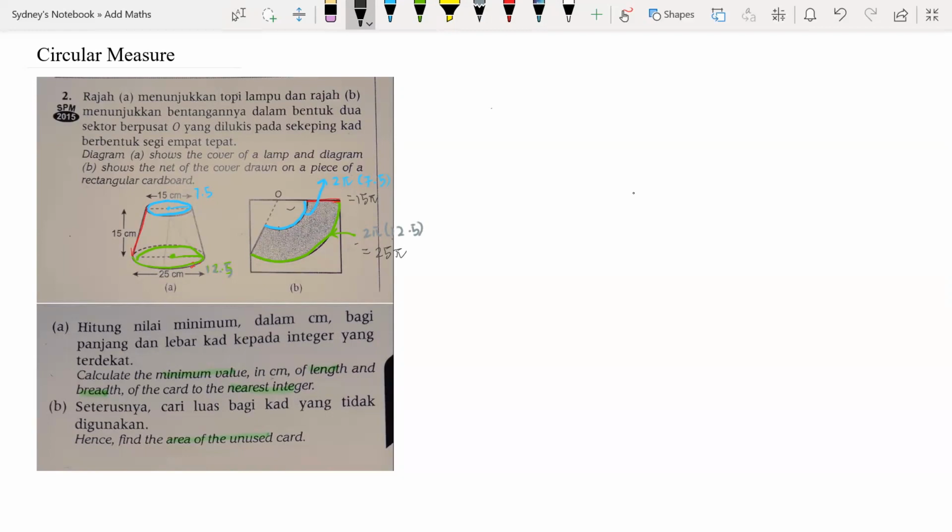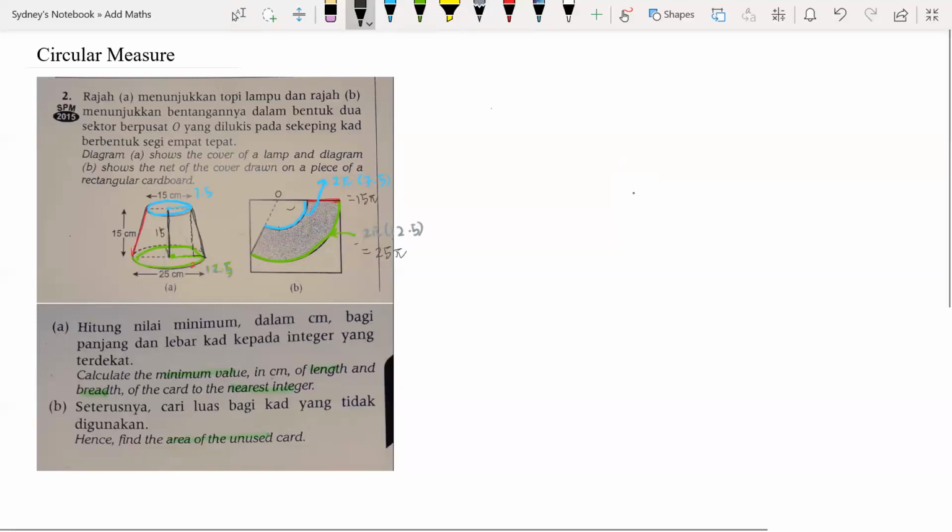The red part can be found like this. If we just join the upright distance, which is 15, the slanting height is actually the hypotenuse of the right angle triangle formed between these two surfaces.